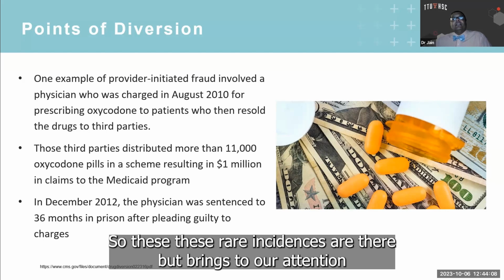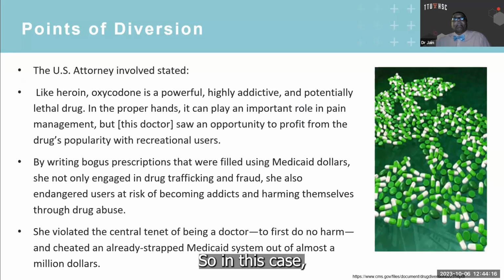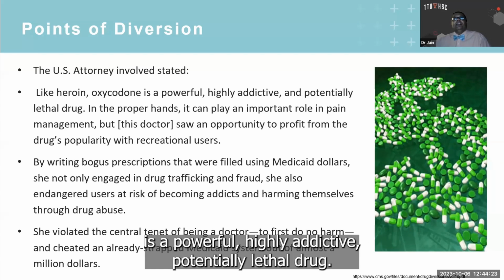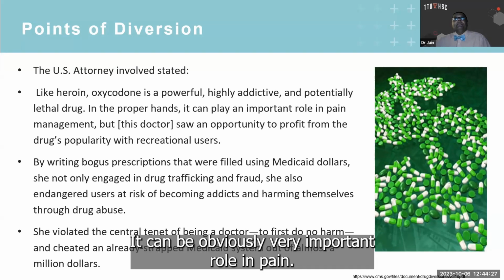So these rare incidences are there, but it brings to attention that this can be a major problem. So in this case, the U.S. attorney was involved, and he stated that, like heroin, oxycodone is a powerful, highly addictive, potentially lethal drug. In the proper hands, it can obviously play a very important role in pain.